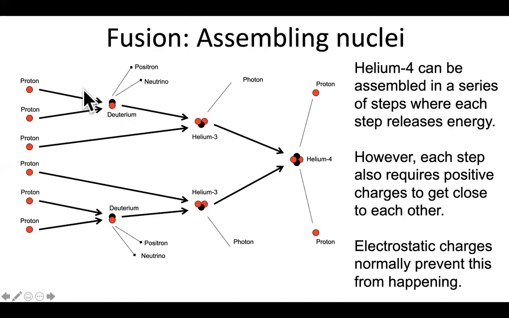This is still a positively charged object. This is another positively charged object. They don't want to get close enough to do this reaction. This is why the hydrogen in our bodies, because hydrogen is a fairly common element, isn't spontaneously turning to helium. It's just electrostatics. These charged particles don't get close enough for these reactions to occur.